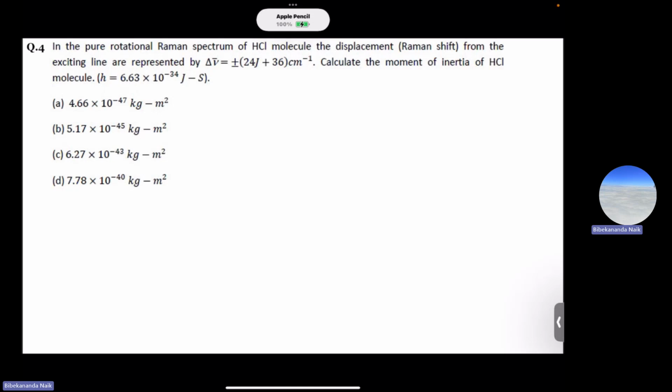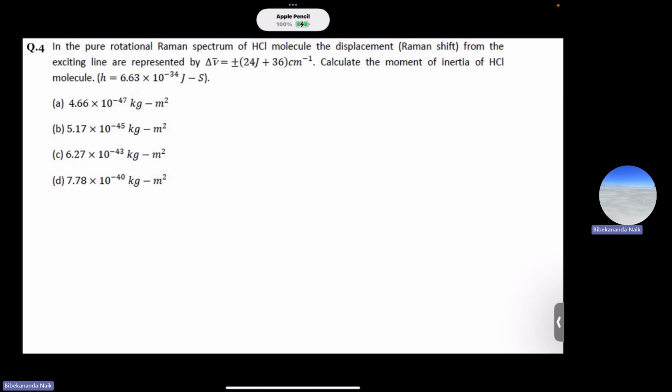So corresponding to the J values of the levels involved in the transition, the shift from the exciting line is del nu bar equal to plus minus 24J plus 36. Then how will we calculate the moment of inertia?